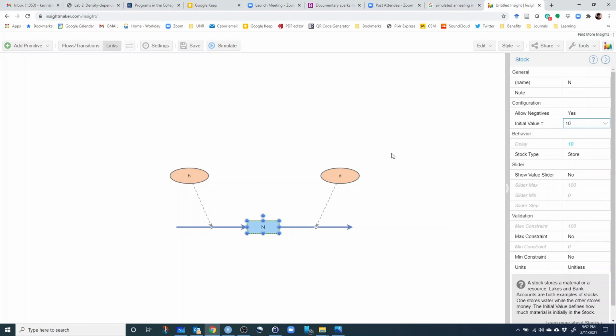The numbers that you need to put in, like the initial abundance and the density dependence factors and so forth, are in the lab instructions, so you should be able to find those relatively easily. I just want to make sure that you know how to put this model together and that it makes sense. So that's what we're doing today. Don't worry about the numbers so much.